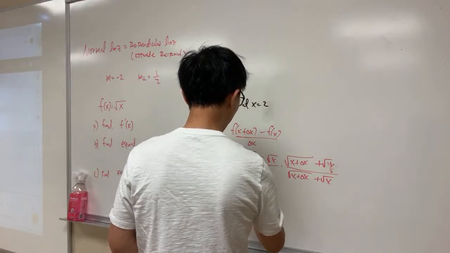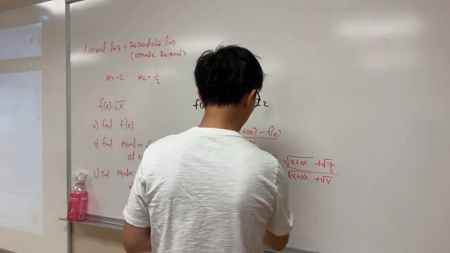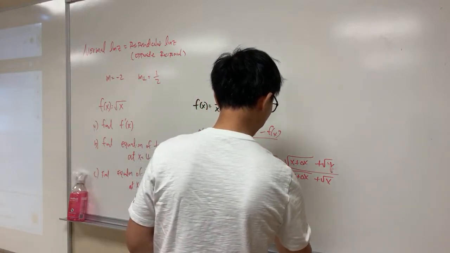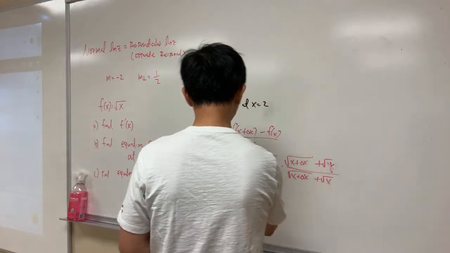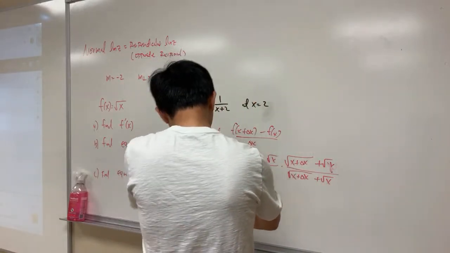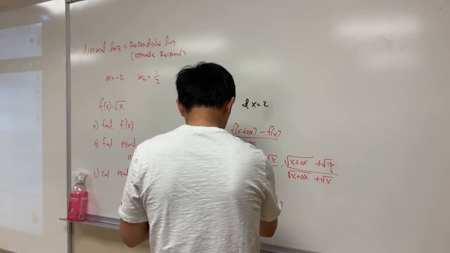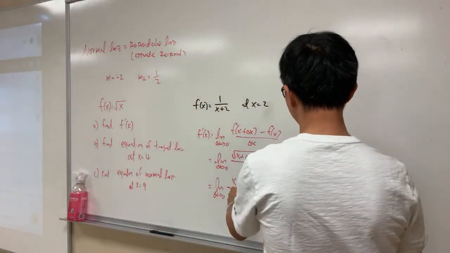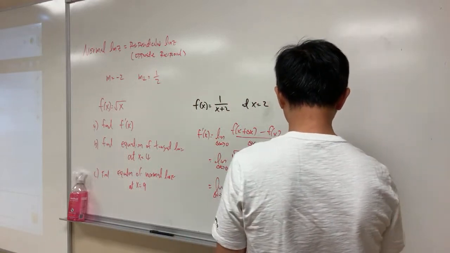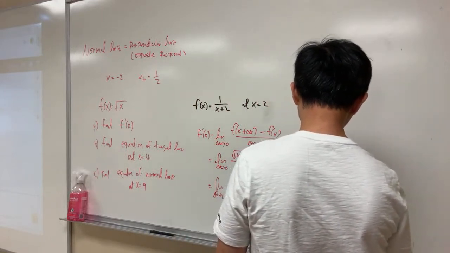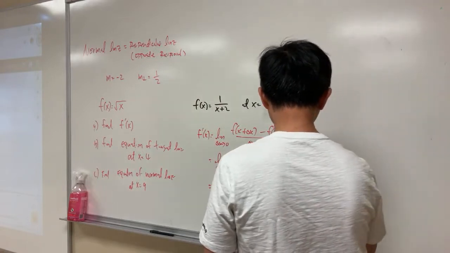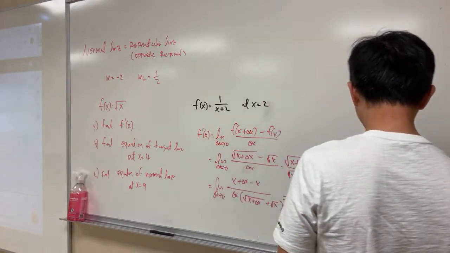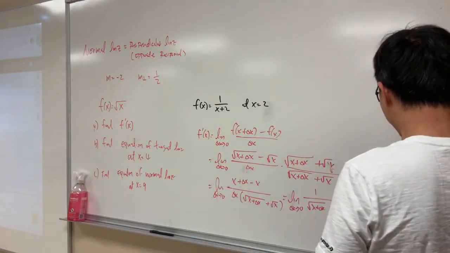So it'll be x plus delta x minus x over delta x times square root of x plus delta x plus square root of x, as the limit as delta x approaches 0. So this one is going to cancel out. It'll be 1 over square root of x plus delta x plus square root of x as delta x approaches 0. Plugging in 0, you get 1 over 2 square root of x, and that's your final answer.